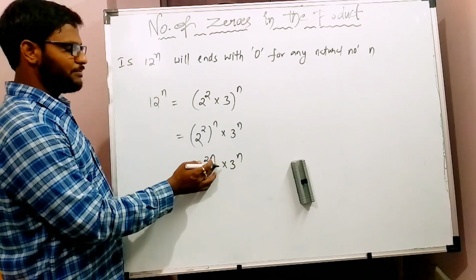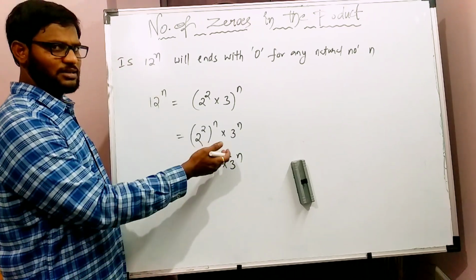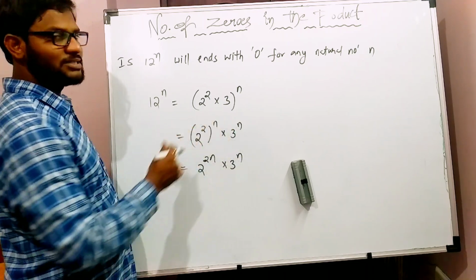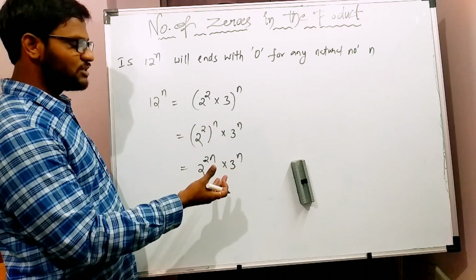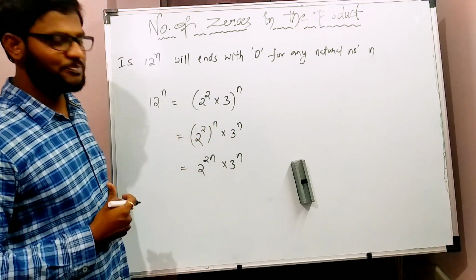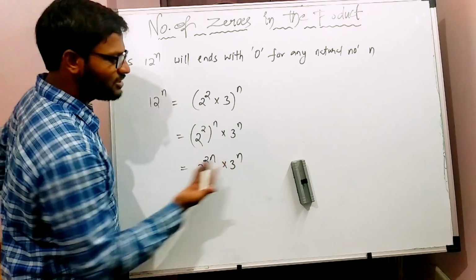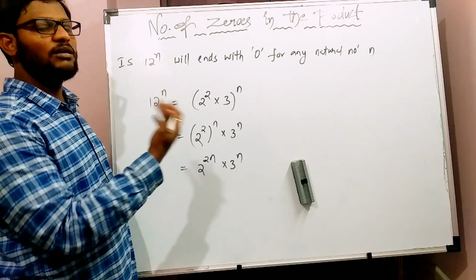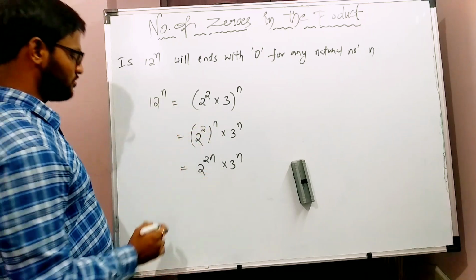See, for any natural number n, 2 to the power of a natural number is some even number. So 2 power some number into 3 power some number. So to end with 0, there should be 5 also, because 2 and 5 will give 10. But here there is no 5 in the product. So this 12 power n is not going to end with 0.